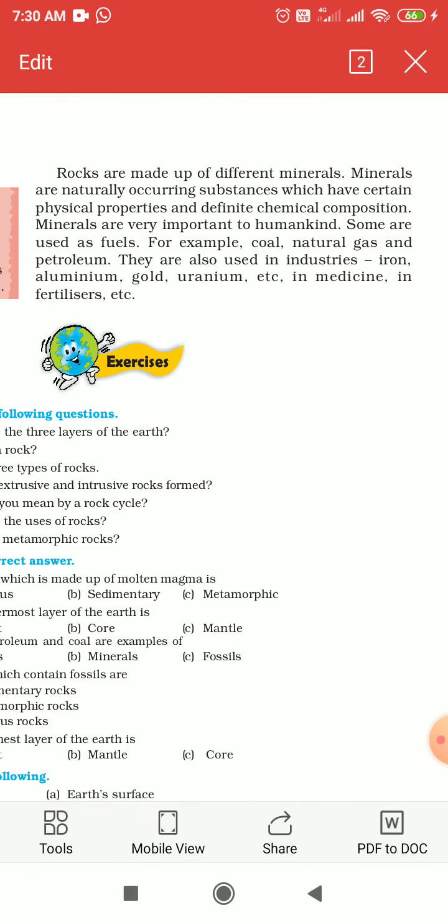So, rocks are made up of different minerals. Minerals are naturally occurring substances which have certain physical properties and definite chemical compositions.